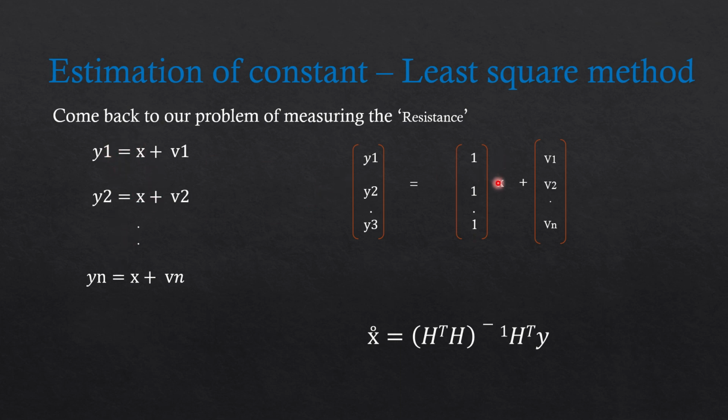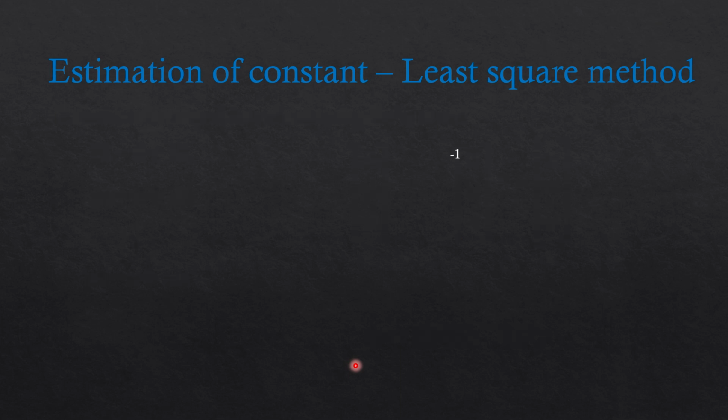X is constant in our case, and we have the error matrix. Then for X hat, we want to substitute this H matrix and Y matrix into this formula to find out what X hat is. Let's do it on the next slide.